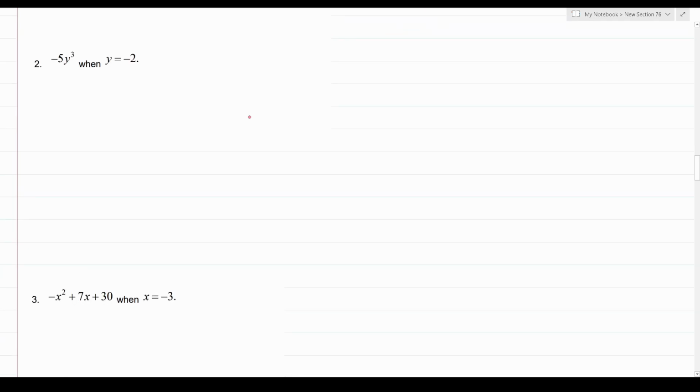All right, let's take a look at number 2 here. We have negative 5 y to the third, and according to the problem, y is going to be negative 2. So to start, we're going to substitute in negative 2 for y, so this becomes negative 5, negative 2 to the third. Again, I would write out the order of operations, but we only have 2 operations here.